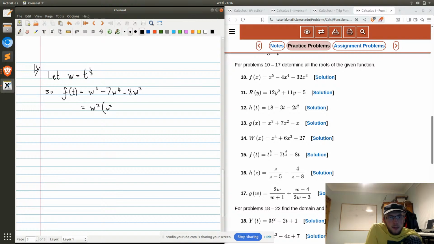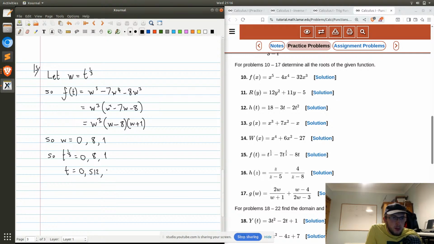Now factor, and again, and w would be 0 or 8 or 1, and if t to the 3rd is 0 or 8 or 1, then t would be 0, 512, or 1. So I believe.